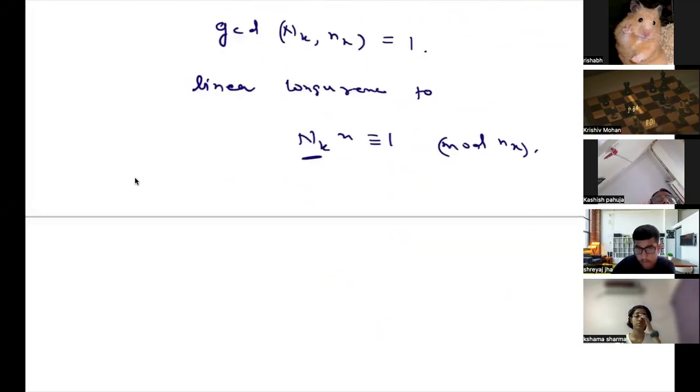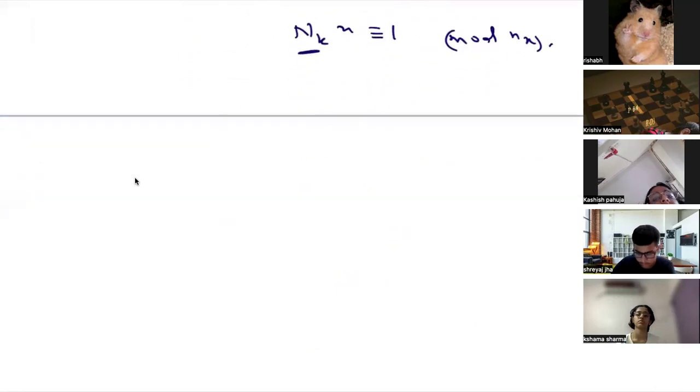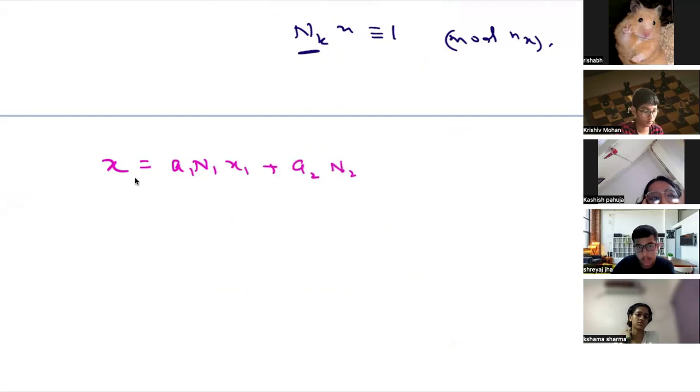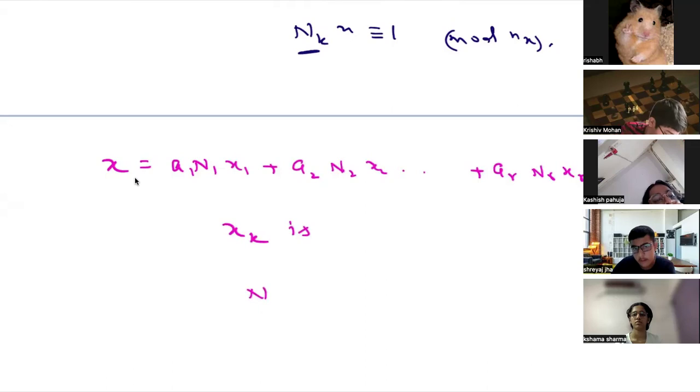So what the Chinese remainder theorem says is that x is equal to a1 N1 x1 plus a2 N2 x2 up to ar Nr xr, where xk is the solution of Nk x congruent to 1 mod nk.